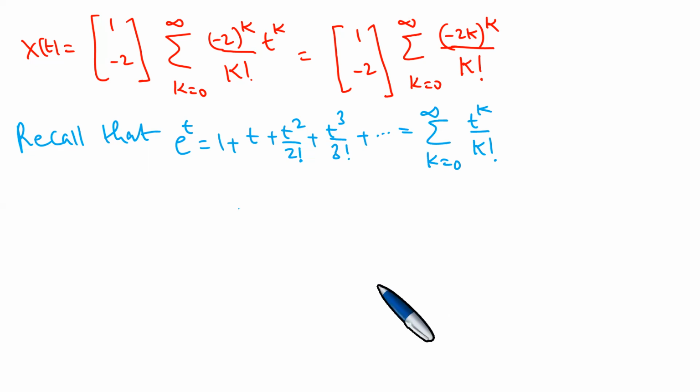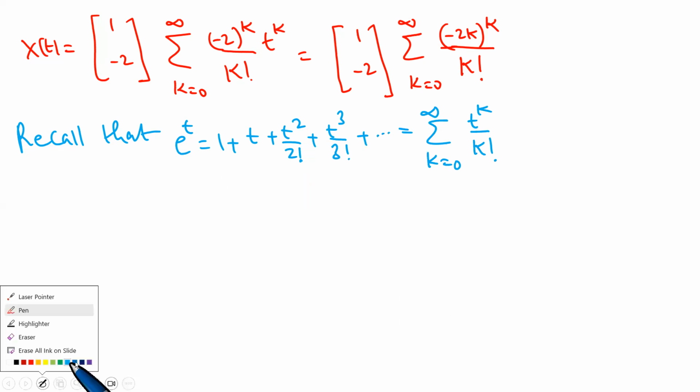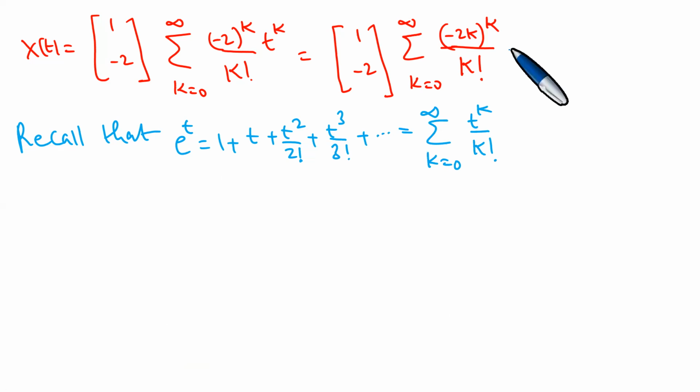Okay, so if this is the exponential function, so now this here can be written as follows. So it's 1 minus 2, e to the t, so which means that it's just going to be e to the, because if this is t, then it becomes the power.